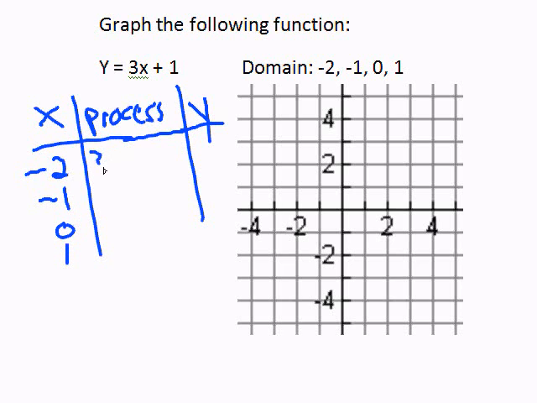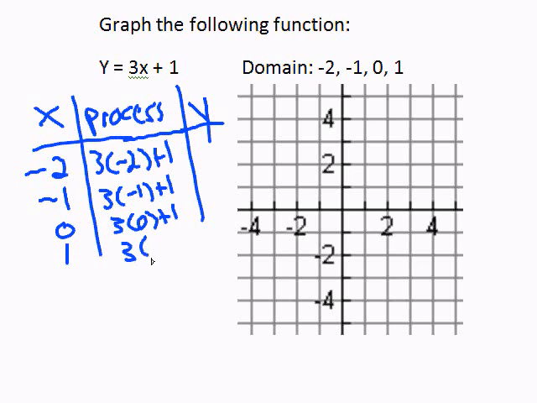If x is -2, we get 3 times -2 plus 1. If x is -1, we get 3 times -1 plus 1. 0, 3 times 0 plus 1, and 1, 3 times 1 plus 1. The y value is 3 times -2 is -6, plus 1 is -5.